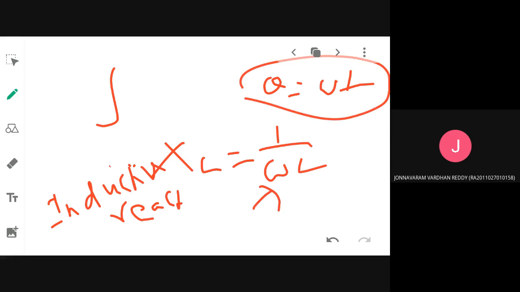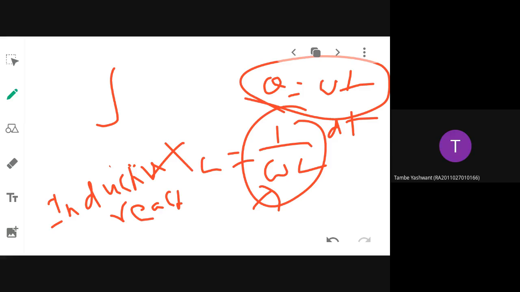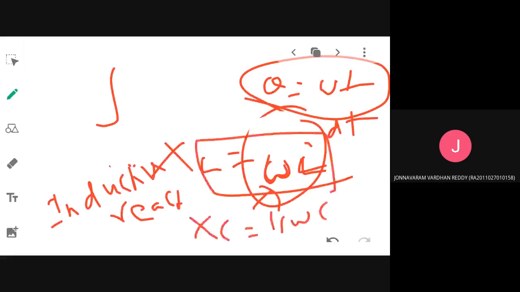You have to substitute theta equal to omega t and differentiate with respect to t. Then only you will get this term. So you need to bring the final form of the equations to this form.